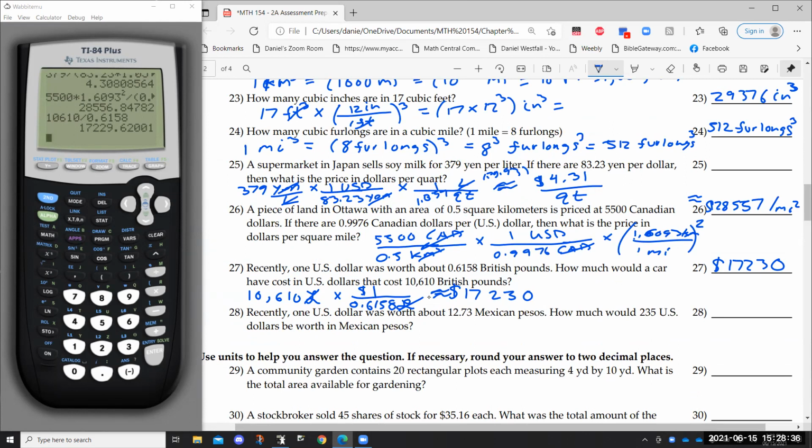So recently, $1 US was worth about 12.73 Mexican pesos. How much would 235 US dollars be worth in Mexican pesos? So $1 US is 12.73 pesos.